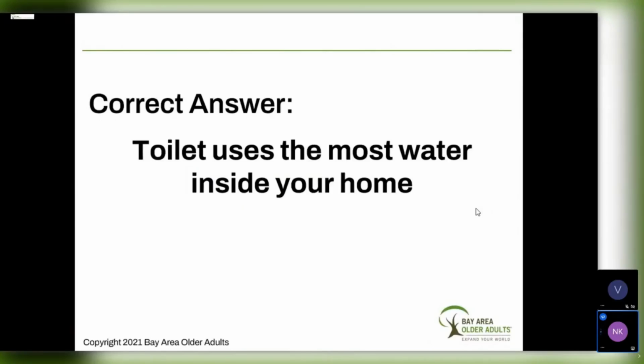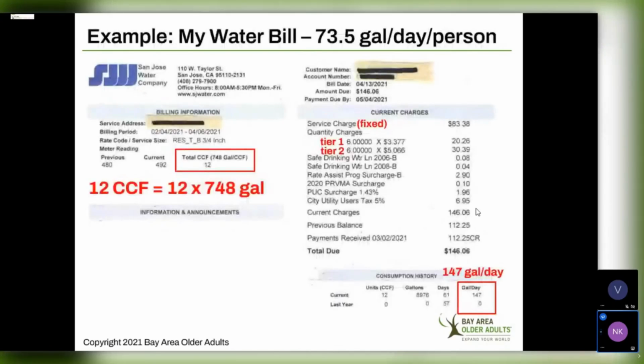Now, I told you I would talk about indoor water use as well as virtual water use. But before launching into virtual water use, I want to take a moment to digress for a couple of slides, to look at your water bill and touch on the utility company service provider that delivers safe water to our homes.